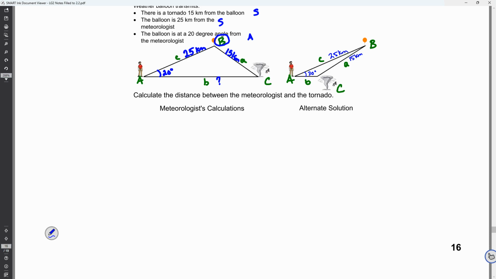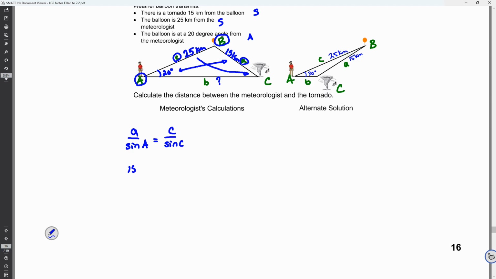This is going to be a two-parter, a little bit harder. What we do know is angle A and side length A. What else do we know? Well, we know side length C, which means we don't know what angle C is. So we're going to have to use this and solve for angle C.